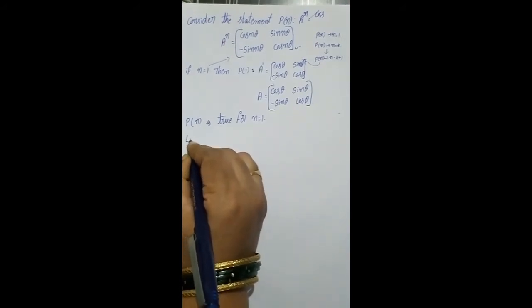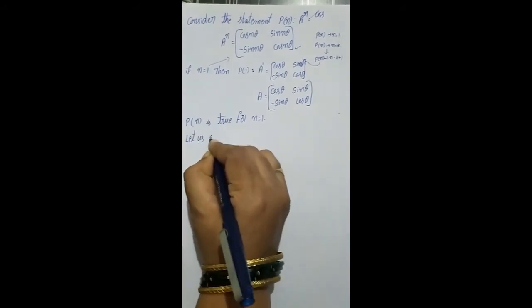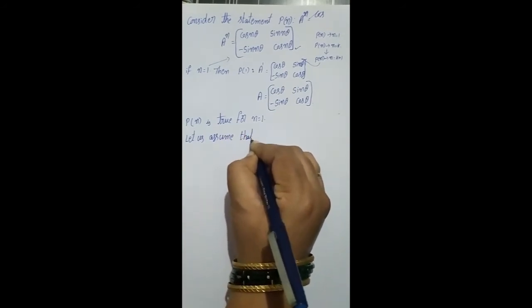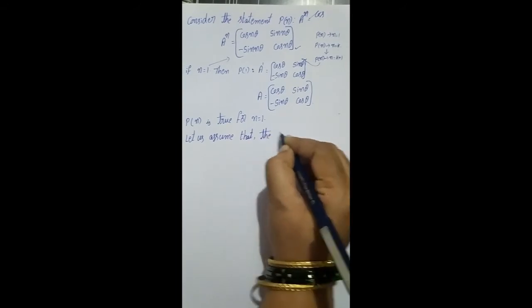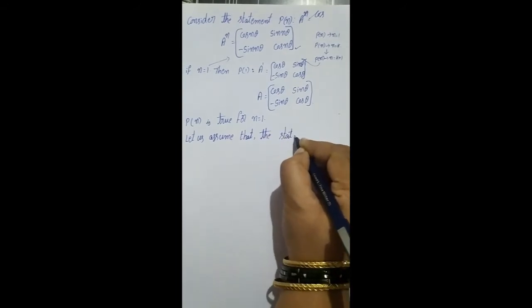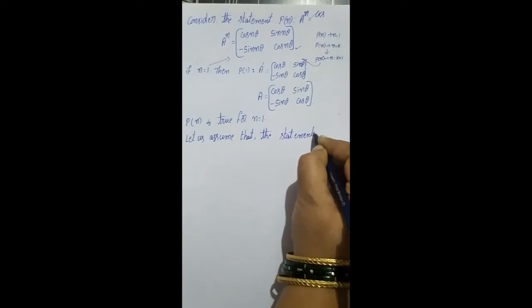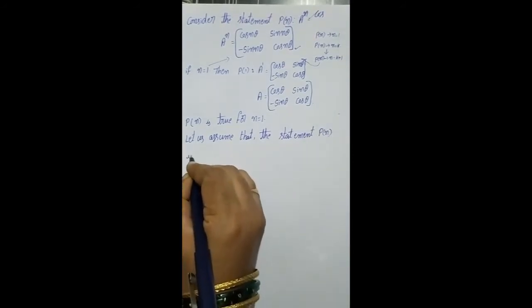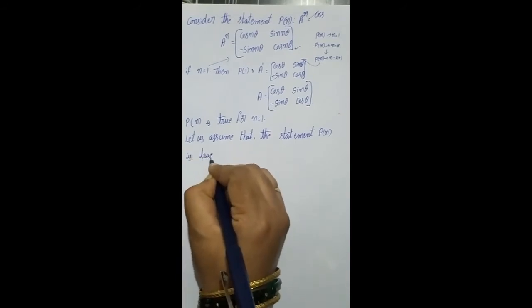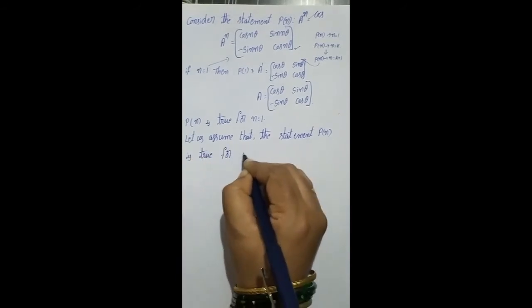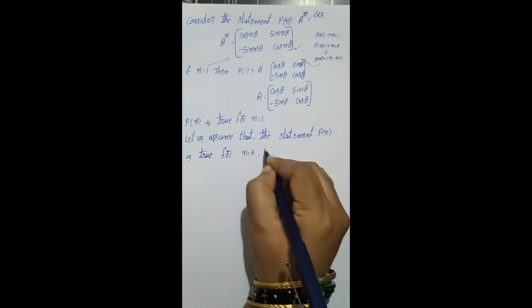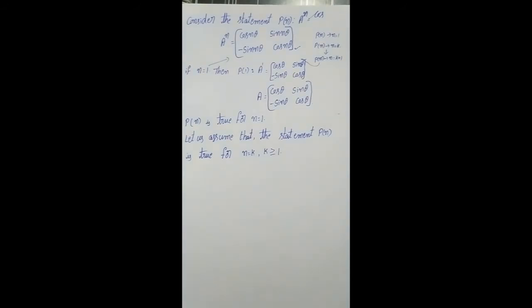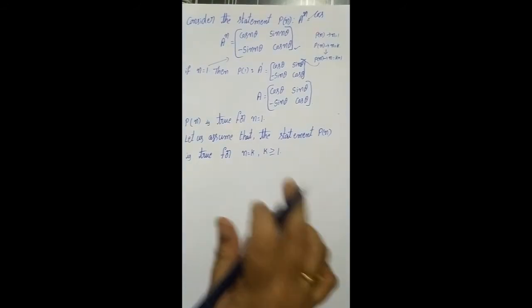Next, let us assume that the statement P of n is true for n equal to k, where k is greater than or equal to 1.